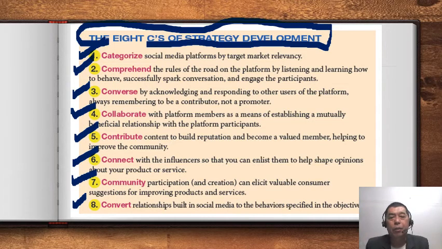And the next is comprehend. Comprehend the rules of the road on the platform by listening and learning how to behave successfully, spark conversation, and engage the participants. So, in comprehension in strategy development, you really have to analyze and understand the basic ingredients of the different platforms in that category.